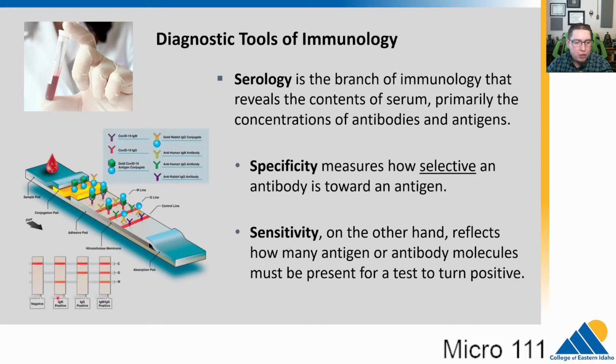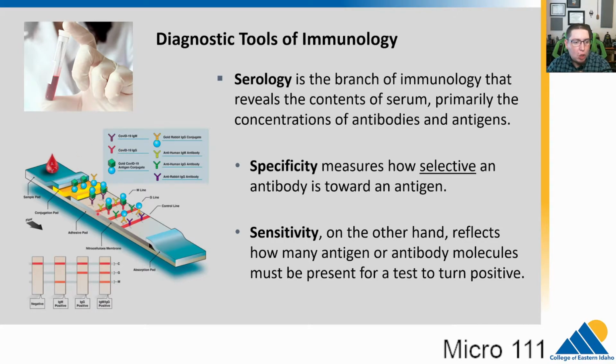So we're going to talk about several different antibody type tests, some that look for antibodies and some that use antibodies to see things. But you're probably familiar with them if you've ever seen a home pregnancy test or rapid COVID test strip. These are all working off of principles using antibodies.